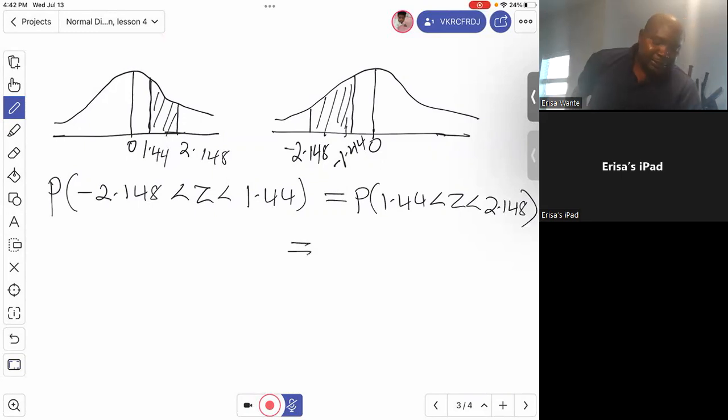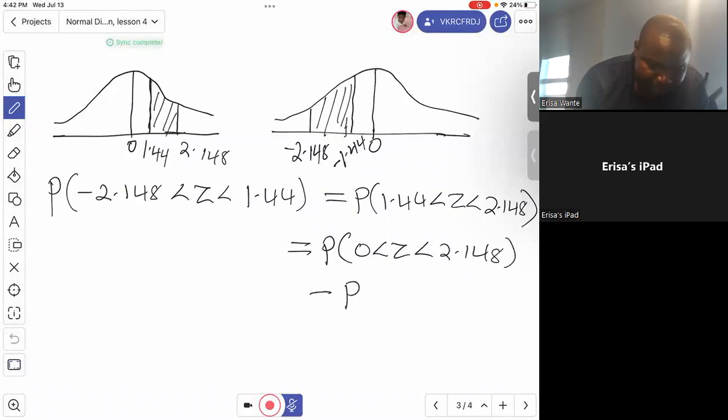The standard normal table that I'm using reads from 0 up to a particular value on the positive side. So this is the probability that 0 is less than Z is less than 2.148, subtract the probability that 0 is less than Z is less than 1.44.